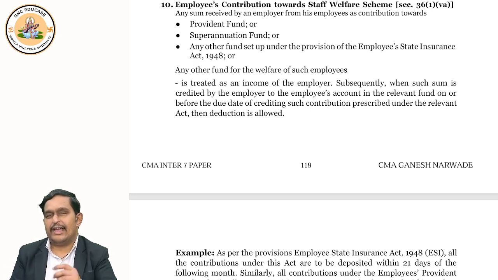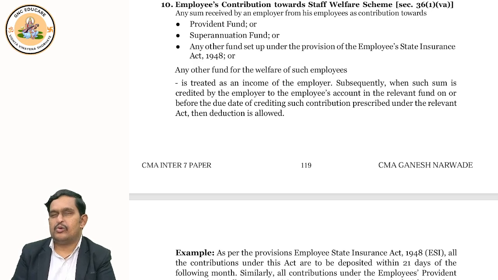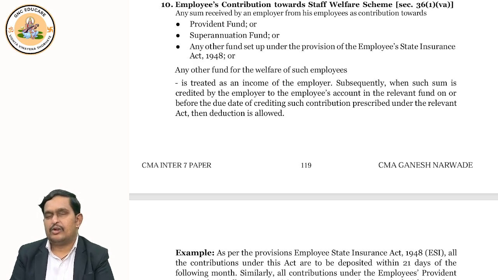Whenever an employee contributes to recognized provident fund, superannuation fund, NPS, or any other retirement benefit, the employee will not contribute directly to the fund. The employer will deduct the employee's contribution from the employee's salary.